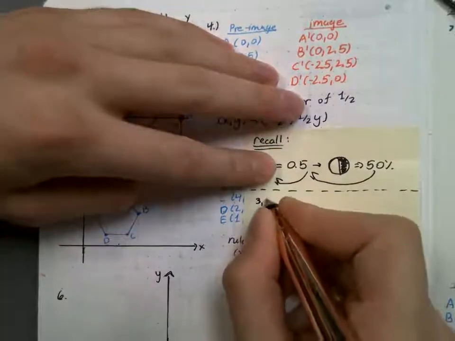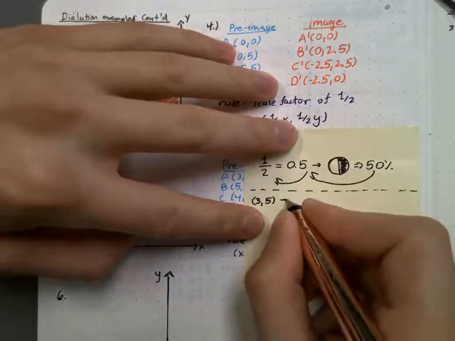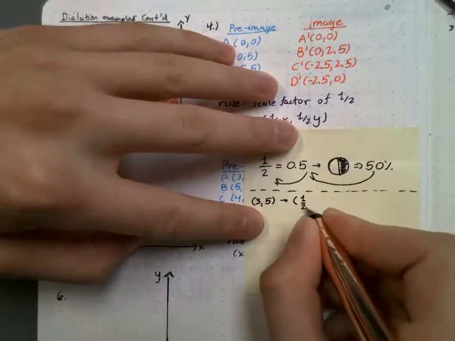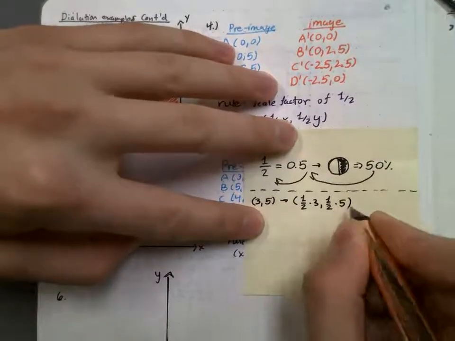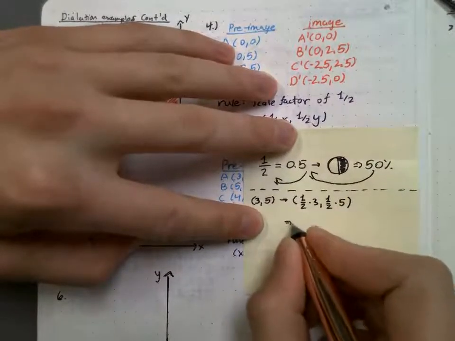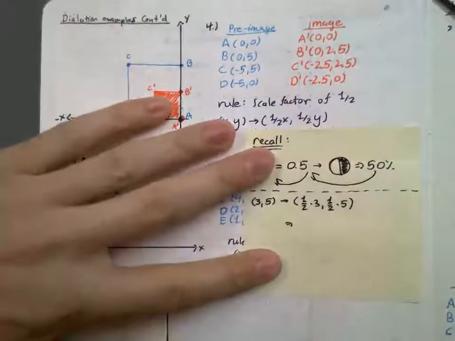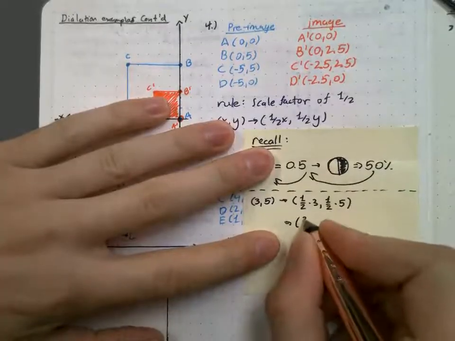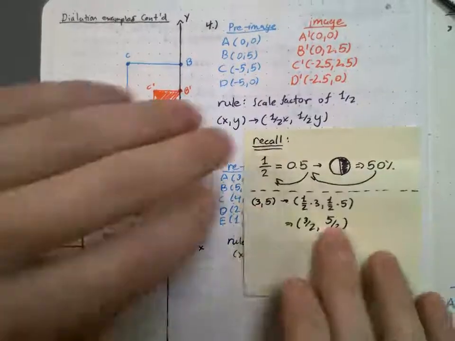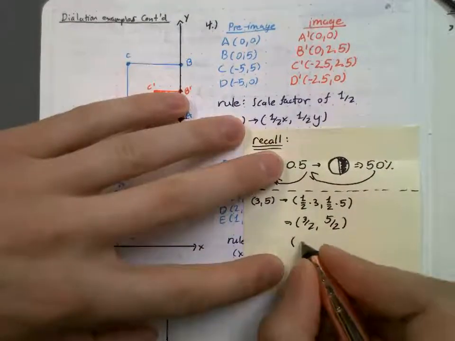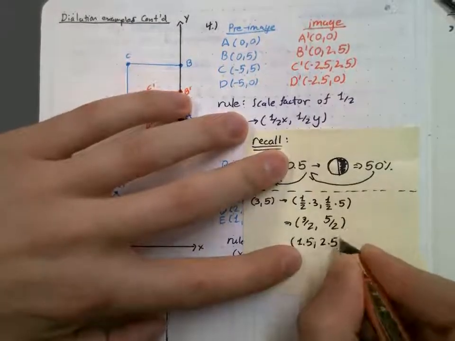We've got 3, 5, and we're going to apply that to 1/2 times 3 and 1/2 times 5, which then becomes, all right, we multiply them together, and we get 3 halves and 5 halves. Now, you can still simplify these down because technically this is the same thing as 1.5 and, of course, 2.5, right?